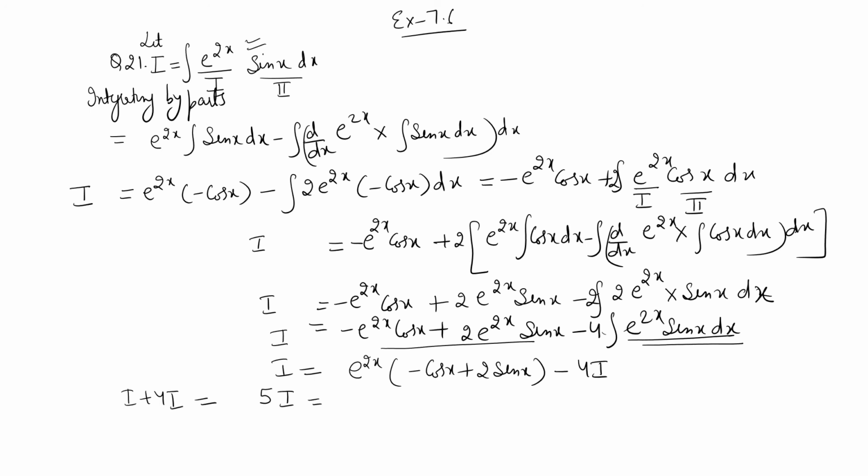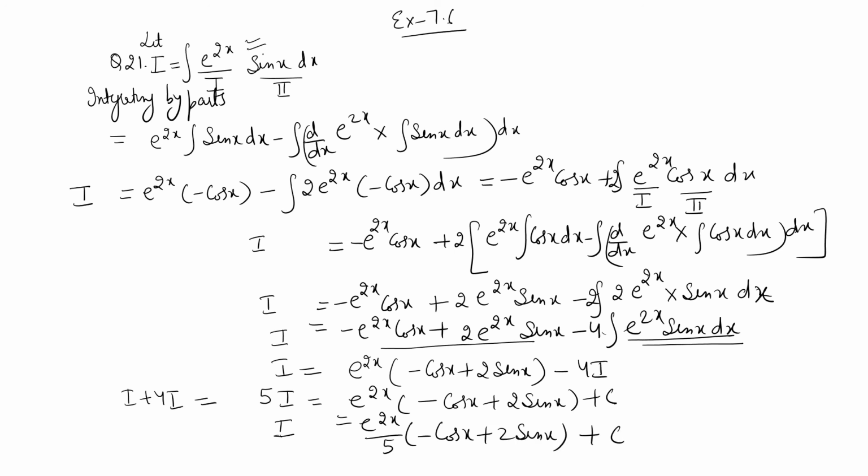So it is e2x into minus cos x plus 2 sin x plus c, since integration is complete. Now divide by 5, because I need the original I: I is e2x by 5 times minus cos x plus 2 sin x, plus c dash.